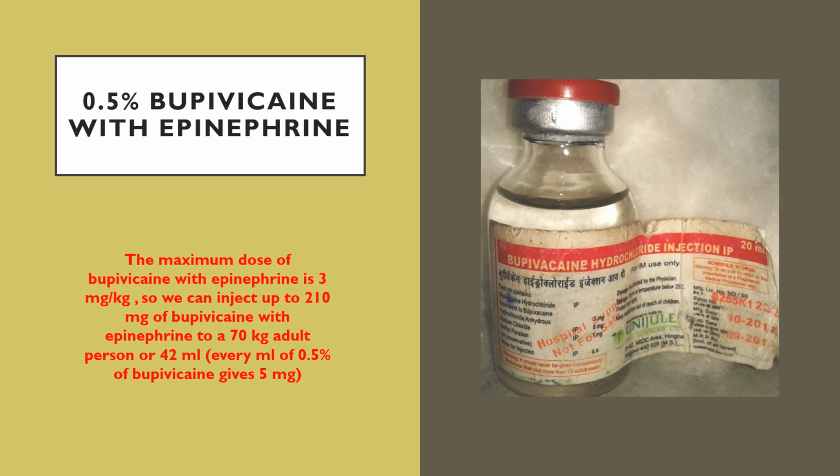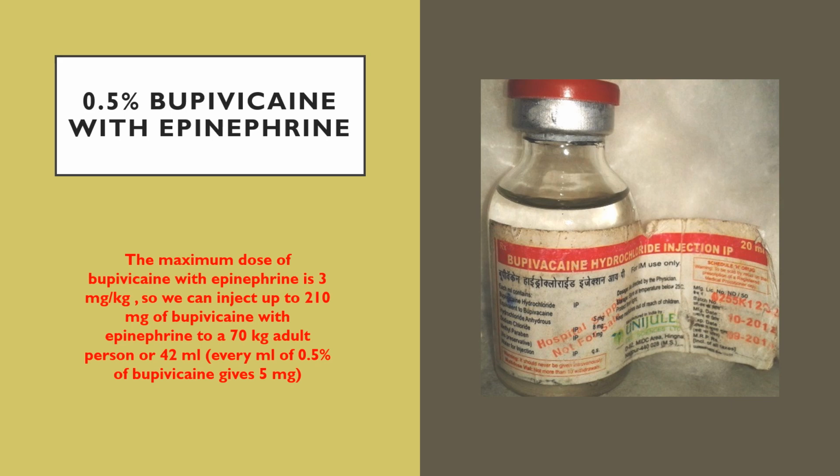Let's come to bupivacaine with epinephrine. When we add epinephrine, we get the same advantages as with lidocaine: we can inject more volume, and also hemostasis, quicker action, and longer duration of action.